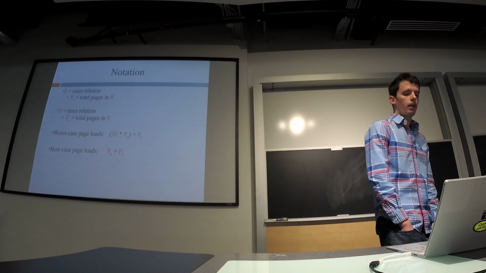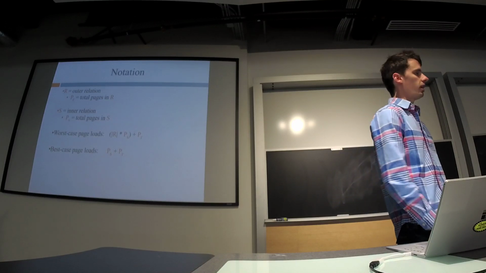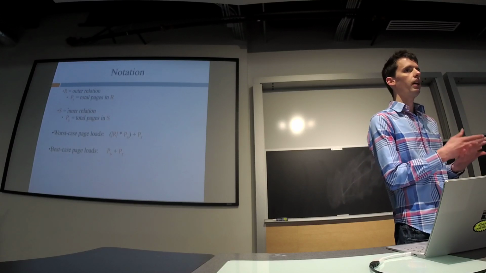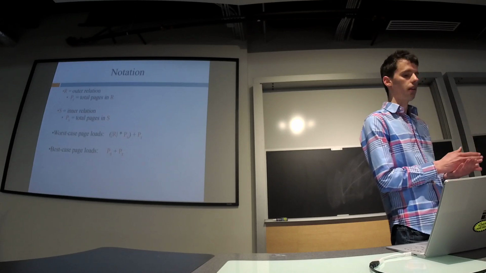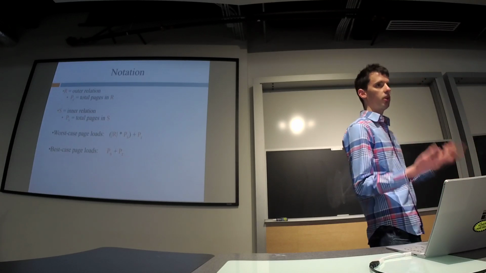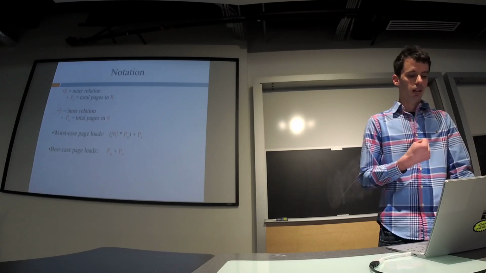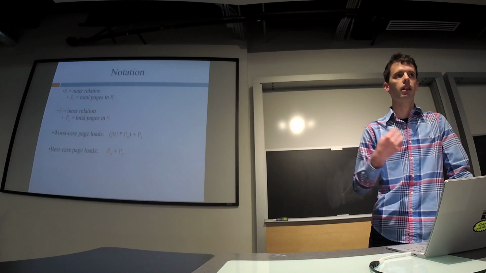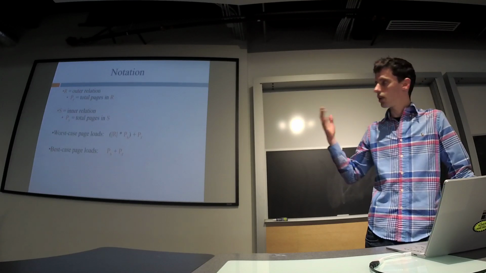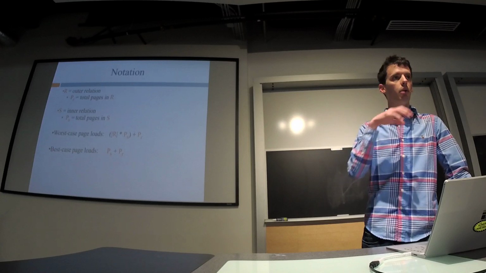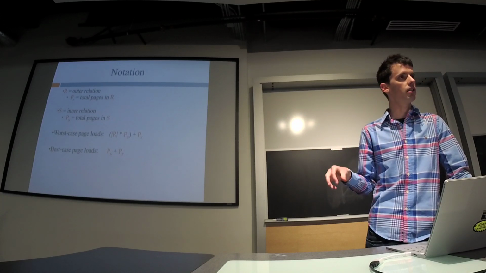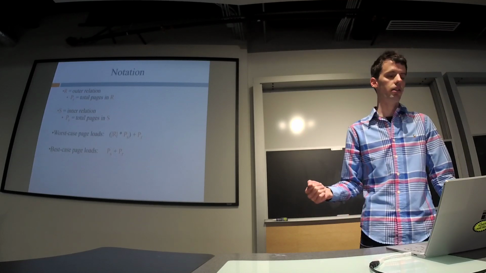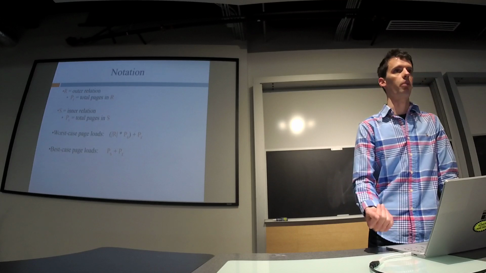Okay, so some notation now, just simple little symbols here. R is the outer relation. P sub R is the number of pages in R. Similarly for S and P sub S. So then in the worst case, where you're just thrashing in memory, as we saw, the worst case is number of rows in R times number of pages in S plus number of pages in R. This is in terms of page loads, not in terms of algorithmic computation.